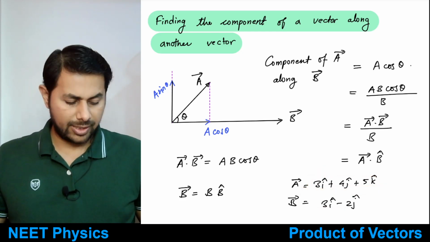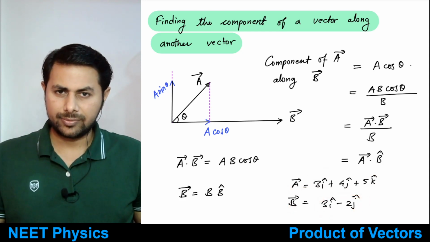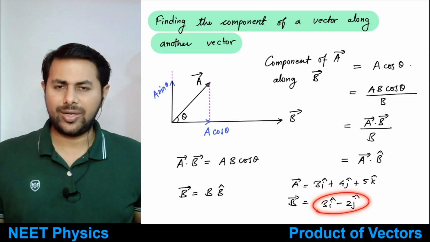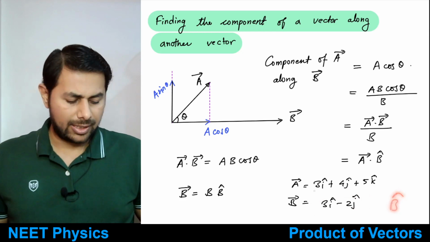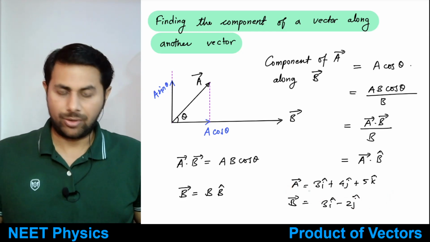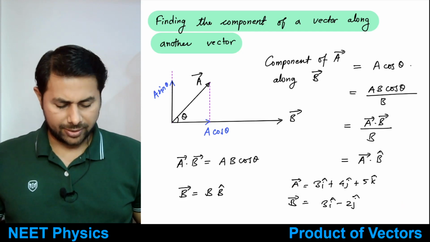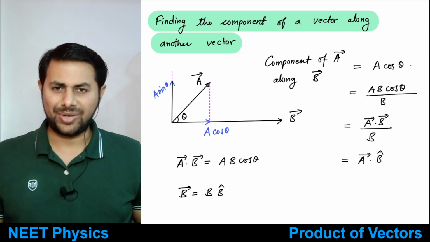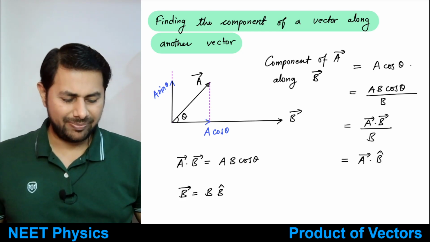Just take a bar dot b bar and divide that by the magnitude of b bar. Or you can find the unit vector b cap first and then take the dot product of a bar with b cap. I guess there are numericals, previous year questions based on this, so we'll see them.